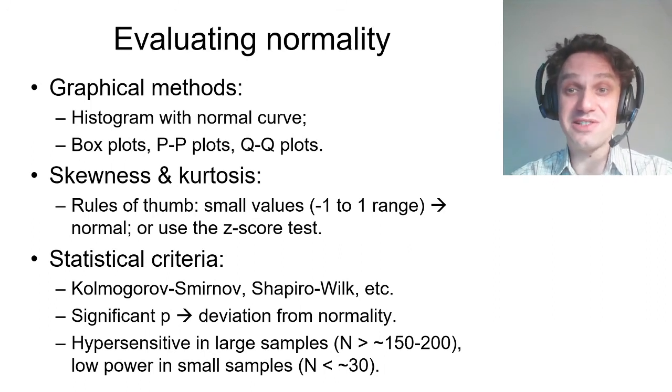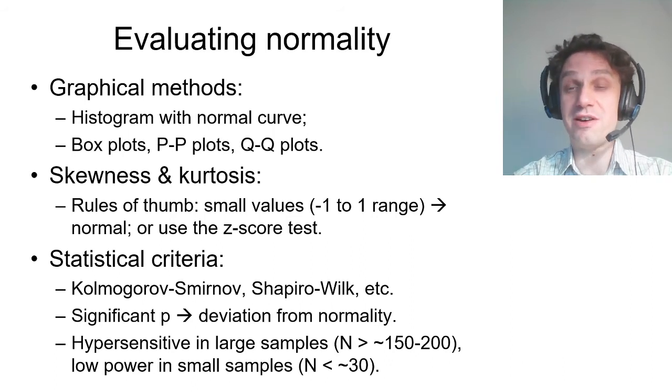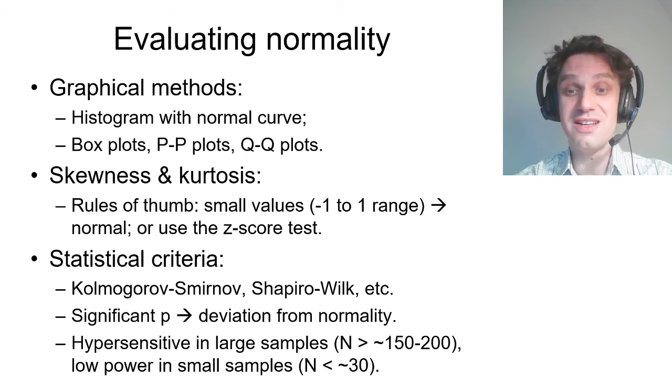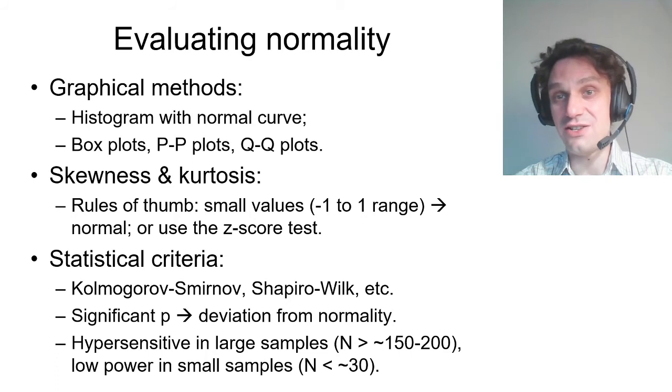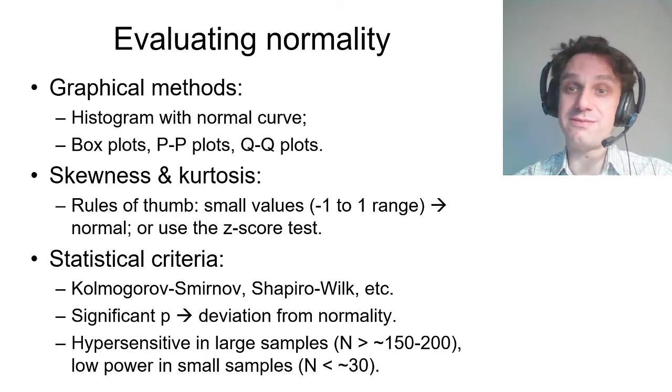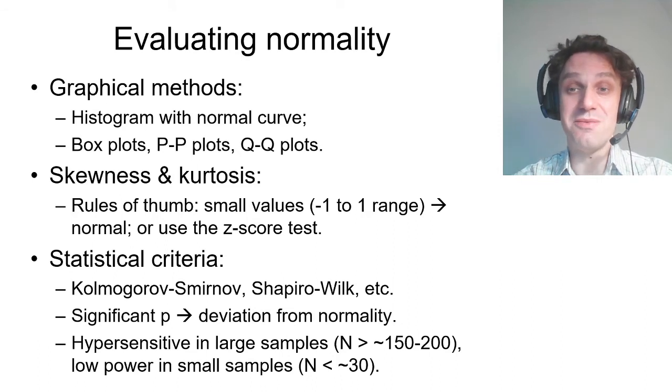So if they are small, if they are within the range from -1 to 1, probably there is no need to worry very much about your normality. And even some methodologists suggest that if skewness and kurtosis are within the range of -2 to 2, this distribution can be deemed approximately normal, and you can use methods that assume normal distribution without much bias.